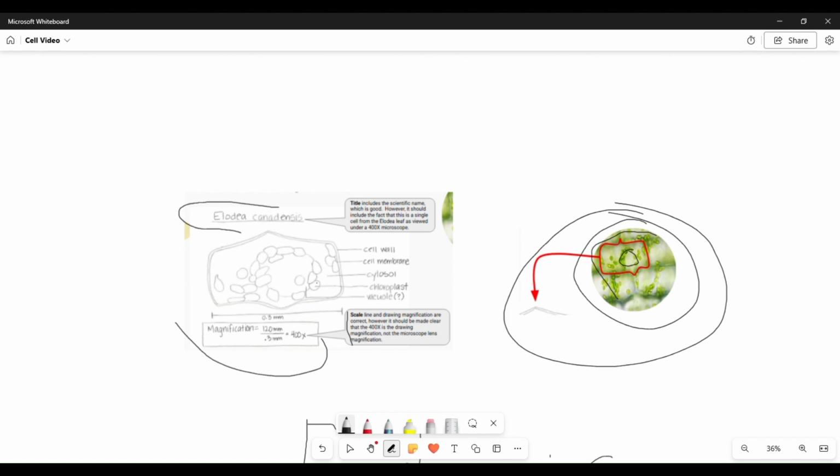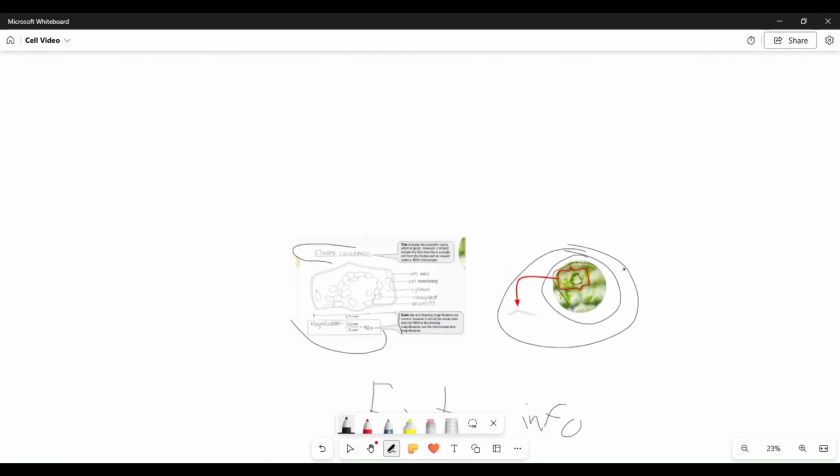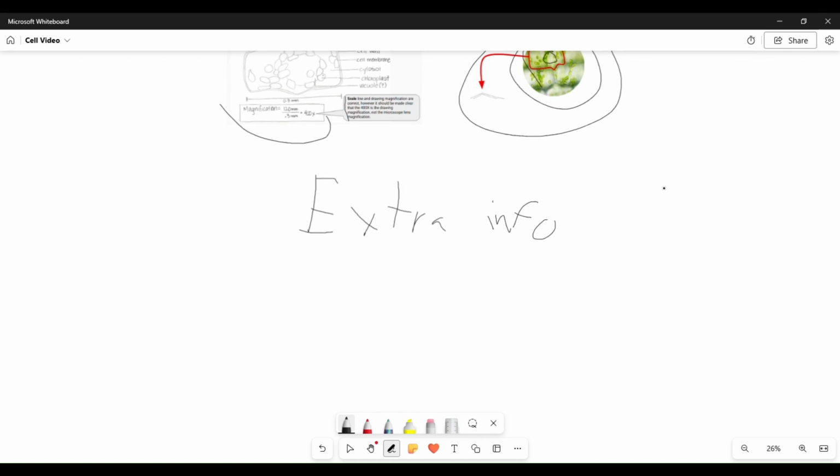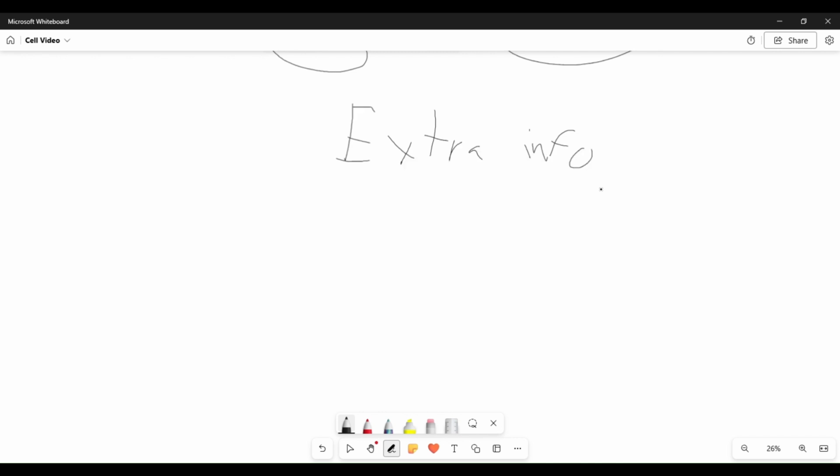Now, moving on to discoveries, or I guess extra information when it comes to the field of microscopy. Microscopy. I'll get it eventually.